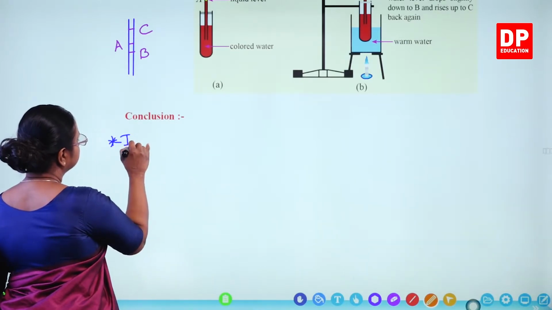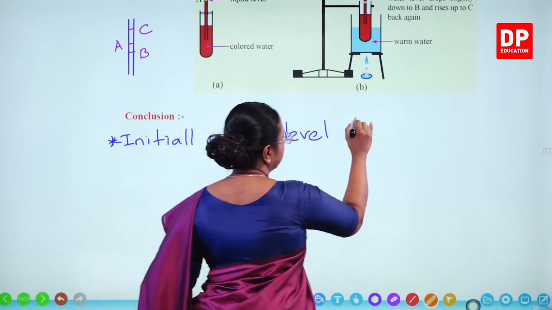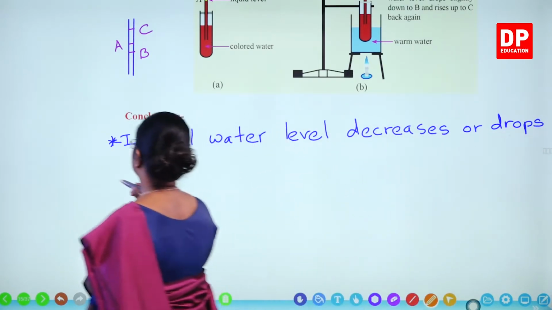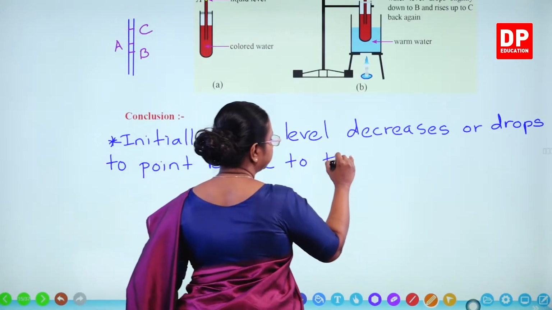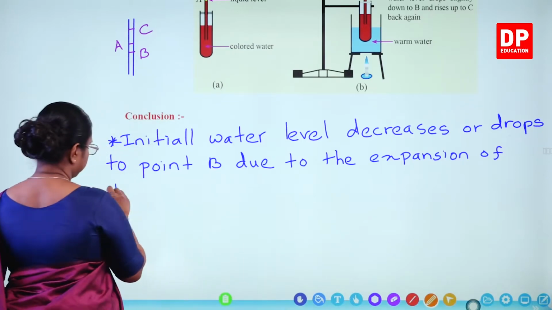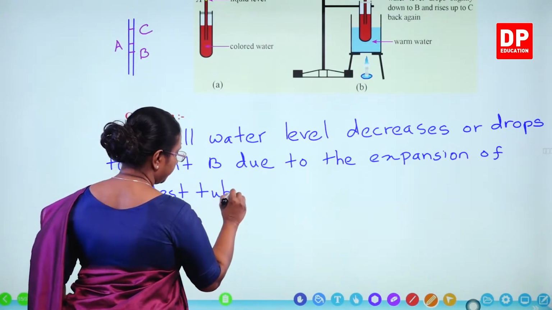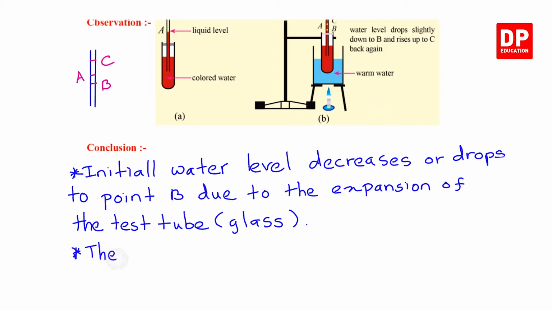So initially, water level decreases, or you can say drops, to point B due to the expansion of the test tube, that is glass. Then the colored water expands.